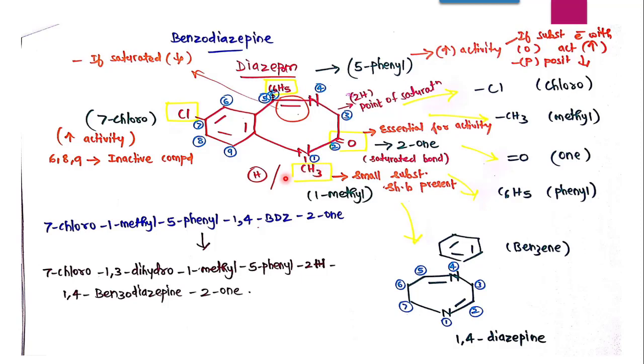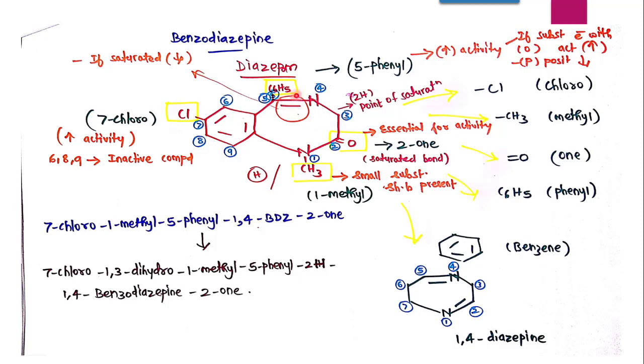Why is it methyl only? Because the smallest, least bulky substituent possible should be present at first position for maximum activity. Then the double bond O, that is the ketone, at second position. This double bond O is very much essential for the activity.